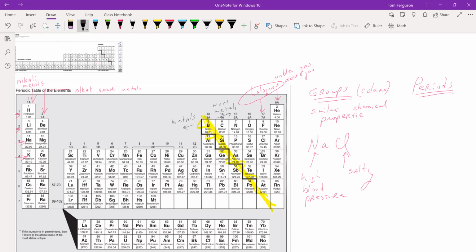So we have metals on one side of the yellow, non-metals on the other side. And in between, we have a combination of a metal and a non-metal, which is called a metalloid.